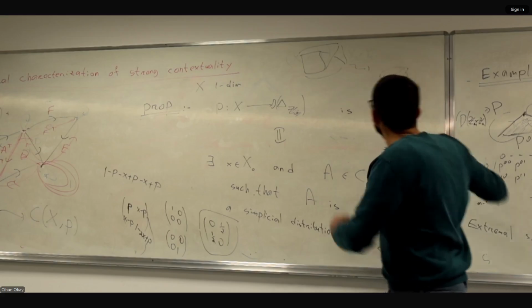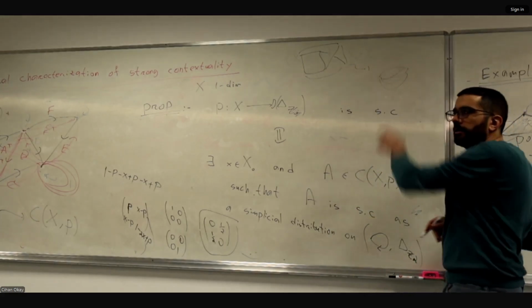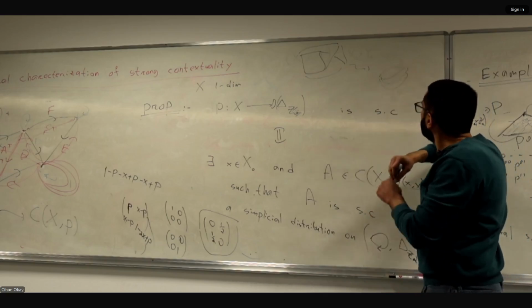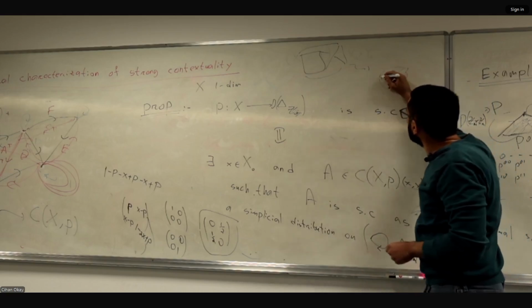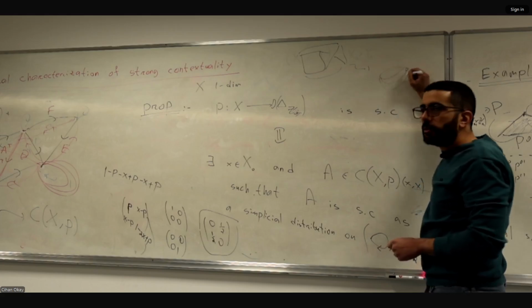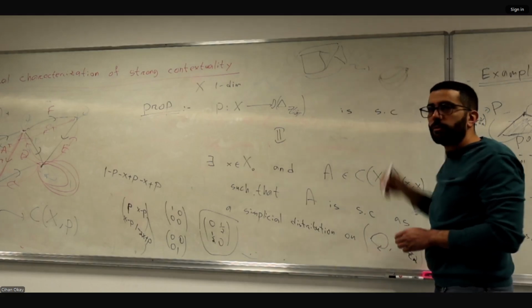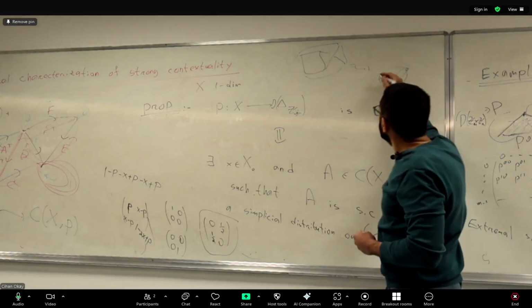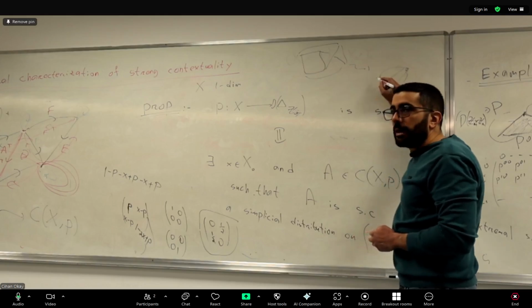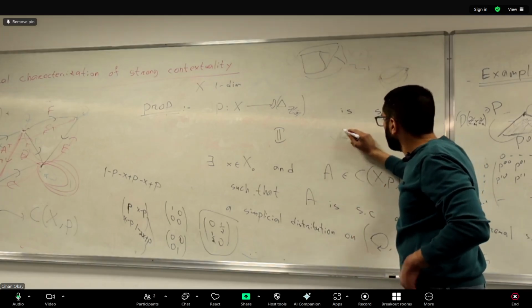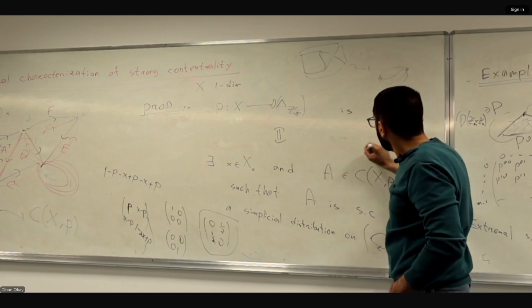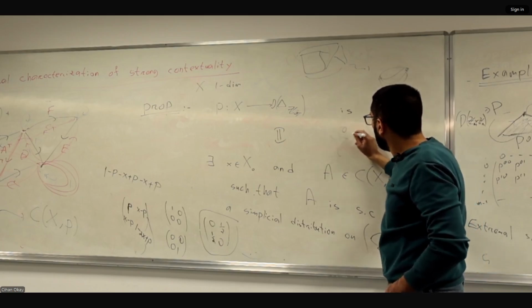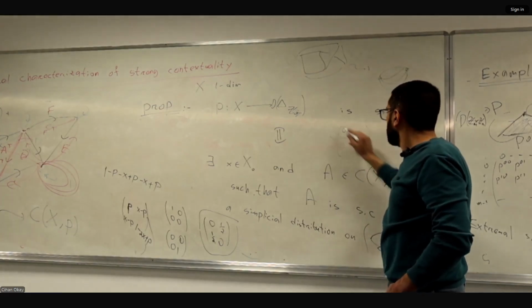You also need to start from this. There is some distribution, and try to take all the compositions. It's easy now to compute. It will be a good exercise to compute the endomorphisms. You will find that it's not strongly contextual, any one of them, because in order to be strongly contextual, it needs to be zero in the middle.